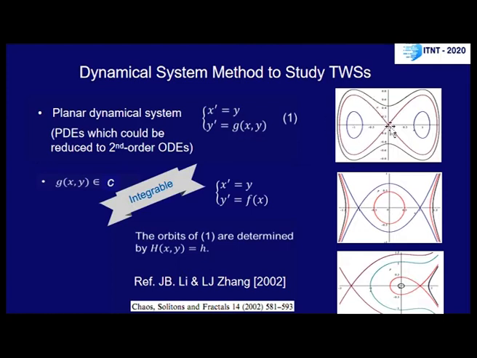For this homoclinic orbit, it corresponds to a solitary wave of valley form. In this case, this heteroclinic orbit corresponds to a kink wave, and this one corresponds to an anti-kink. And for this one, we know there is one family of periodic wave solutions.